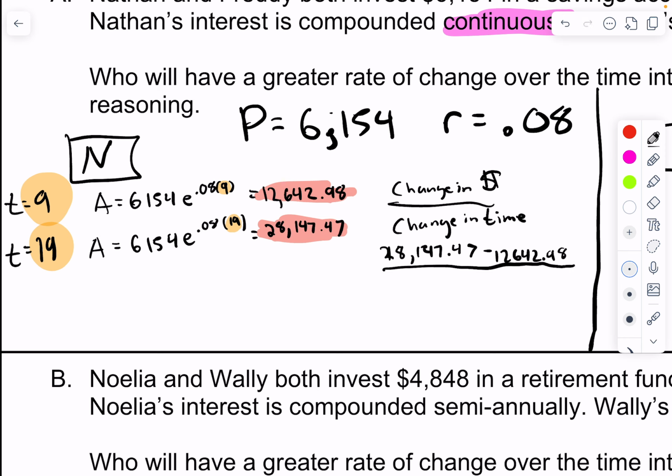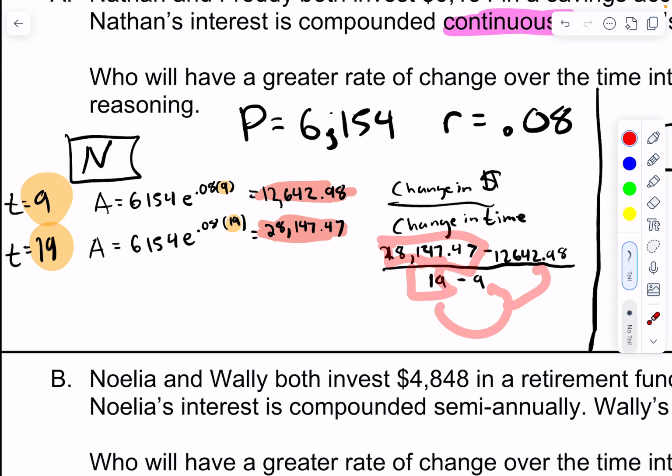And then change in time is just 19 minus 9. Now you don't want negatives, okay? This problem in particular is definitely not going down. So if you know that it's increasing, like we know it's increasing from here to here, then you probably shouldn't have negatives, okay? I guess you could just take this and swap it, and then you would have two negatives, which will make it positive.